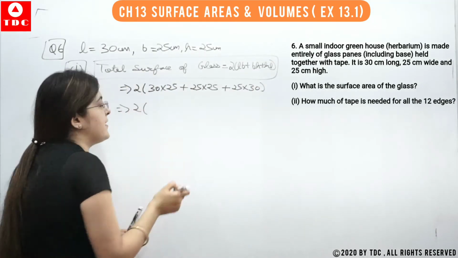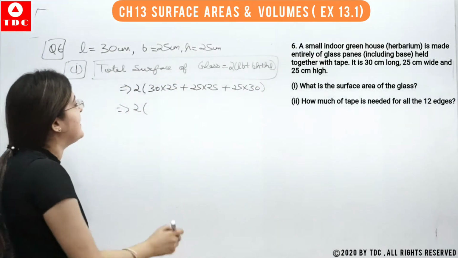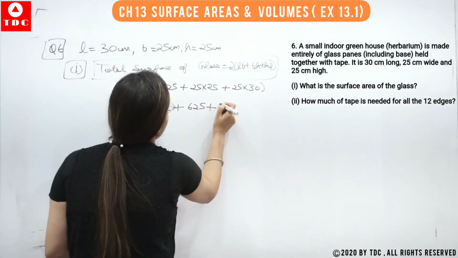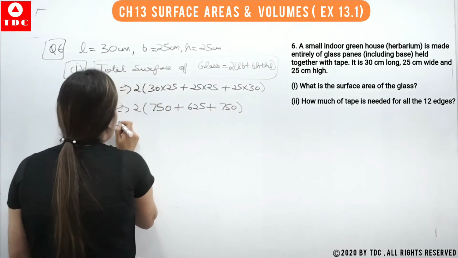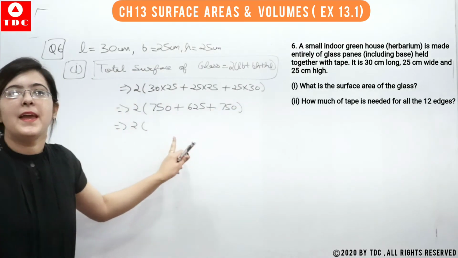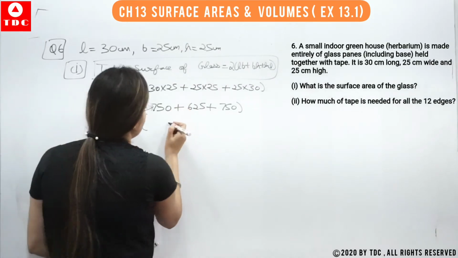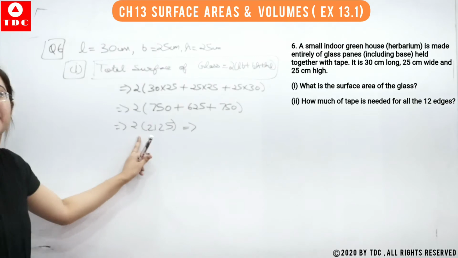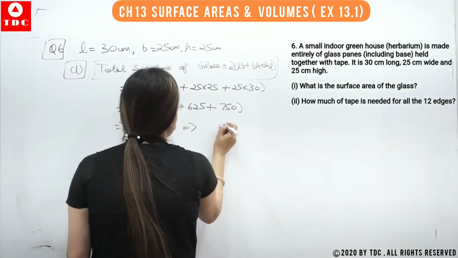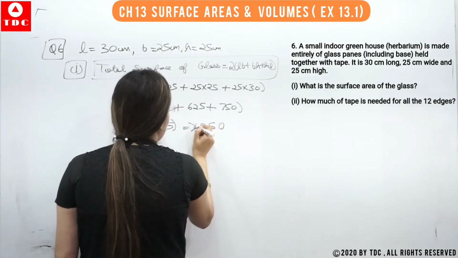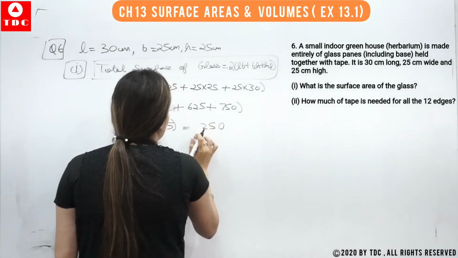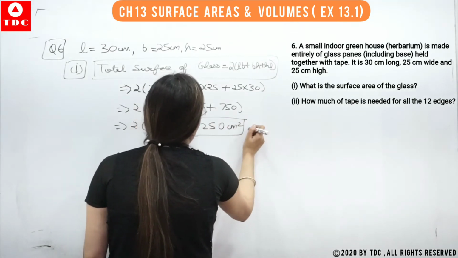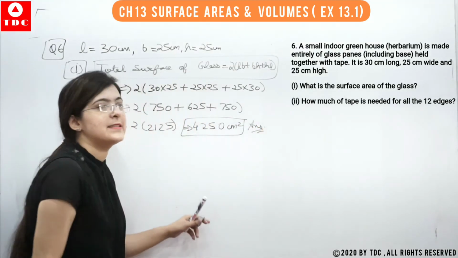See, what will you get? 30 into 25, you will get 750 plus 625 plus 750. Okay, add them all up. 2125. Now multiply it by 2. You will get 4250. Okay, 4250 centimeters square. This is your first answer.